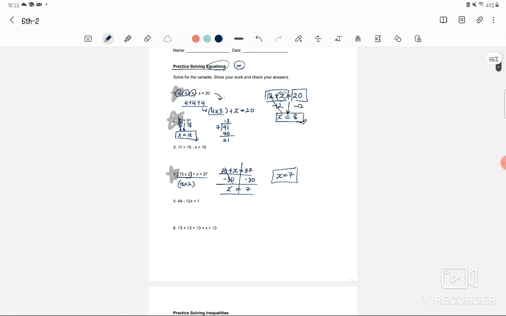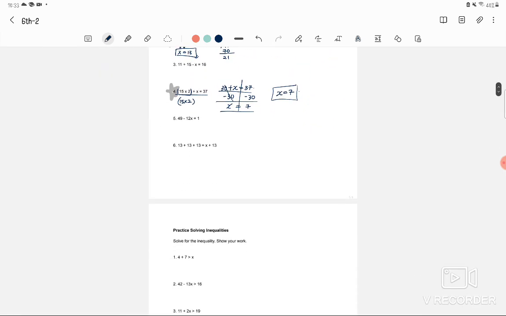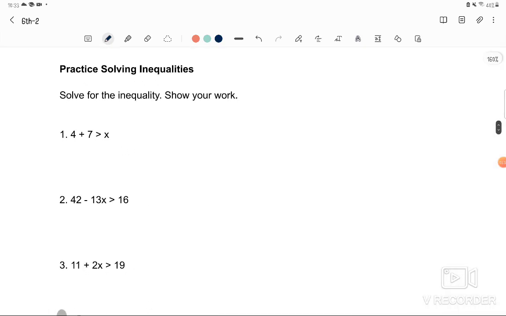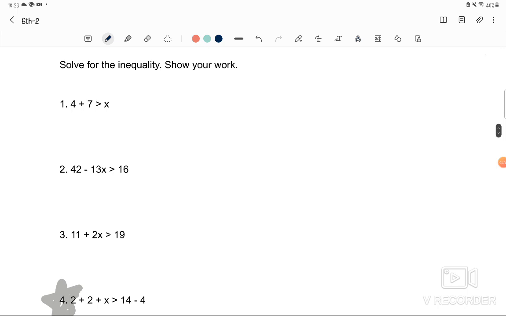Okay, so let's move on to the inequalities. I think I can go over number 1. This is just simple addition. For this question, you just have to write 4 plus 7 is 11, which is greater than x.